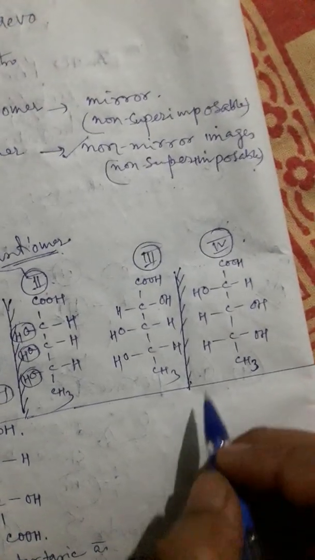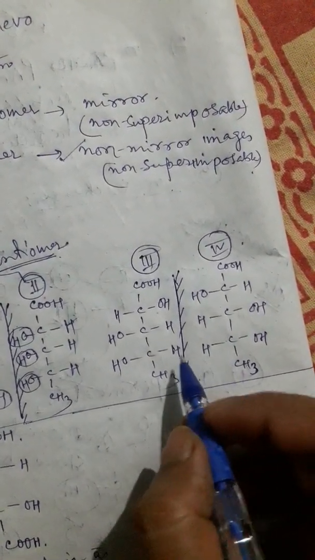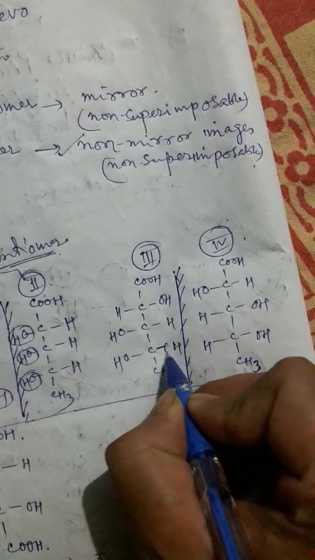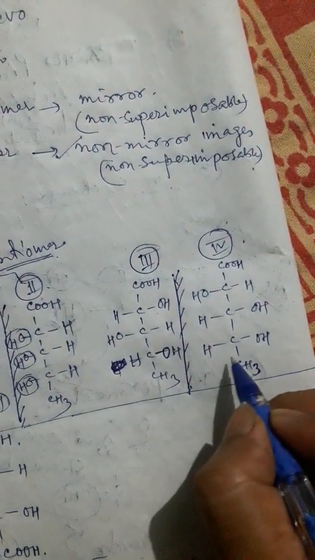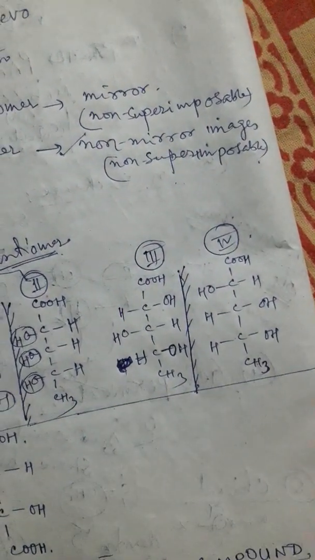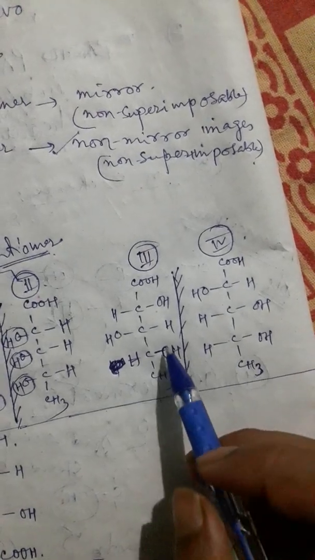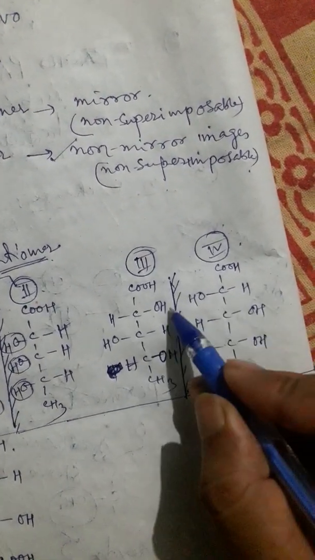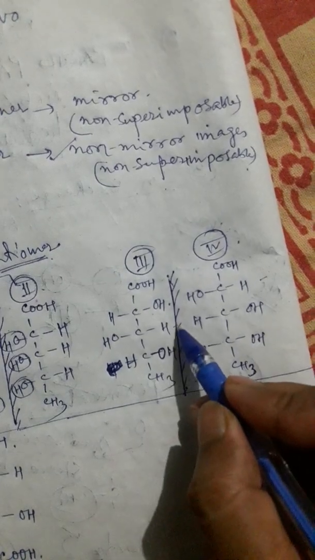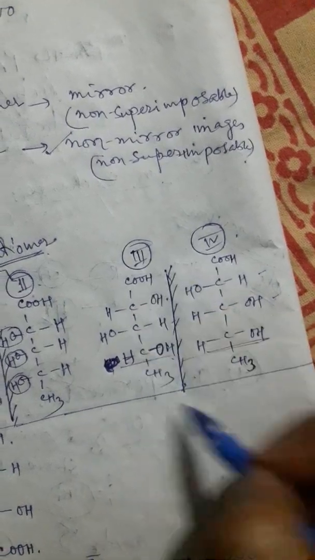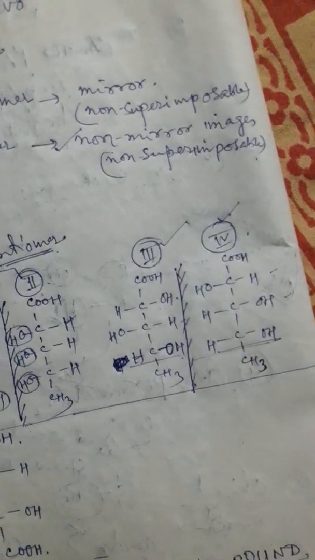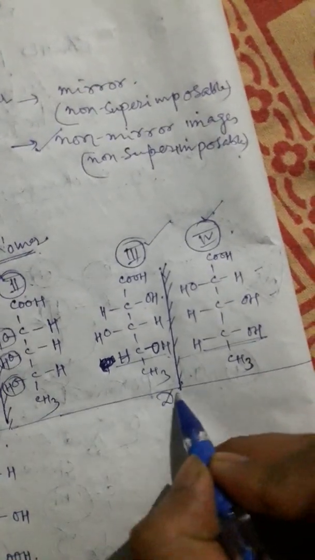Okay, sorry, suppose this is OH and this is H. Now you see these two structures, this is its mirror image, but this is the same, not mirror images. So overall, structures 3 and 4 are not superimposable, not mirror images, and they are called diastereomers.